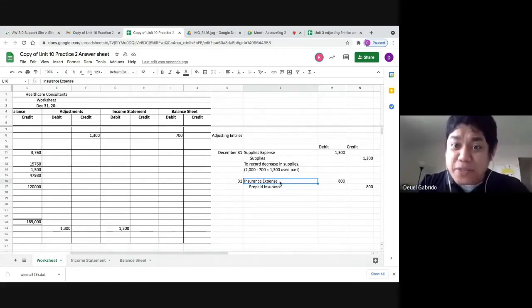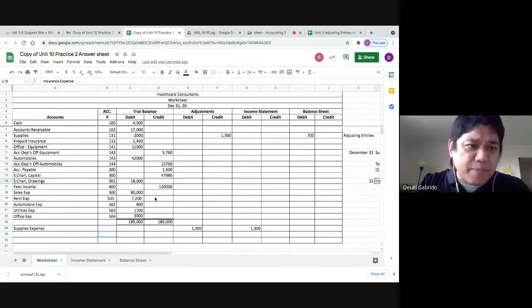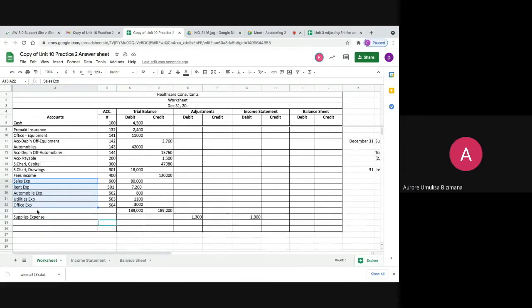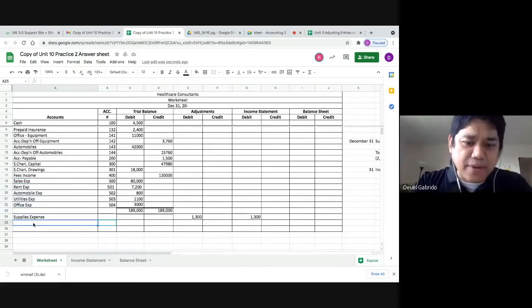Can we start first on the debit? Insurance expense first. Is insurance expense on the list of expenses here at the bottom? It's not there, so let's add it at the bottom. Insurance expense is 800, and of course, it will be part of your income statement as well.